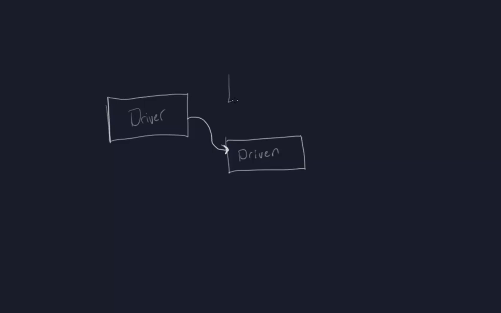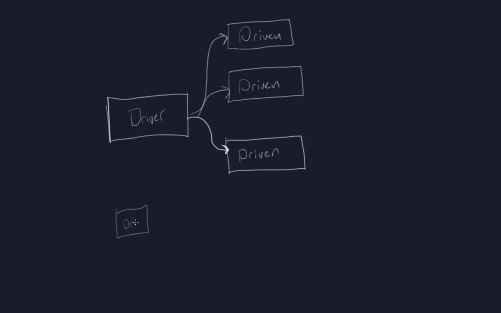My point is that we could have other driven objects, and we can drive multiple objects. However, we can't do it the other way around, meaning we can't have 2 drivers. Here's a driver, and here's a driver, and here's a driven.